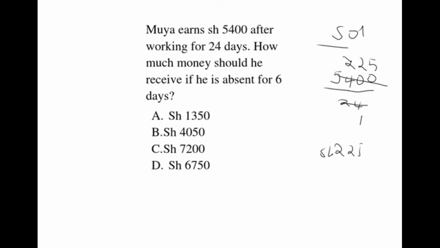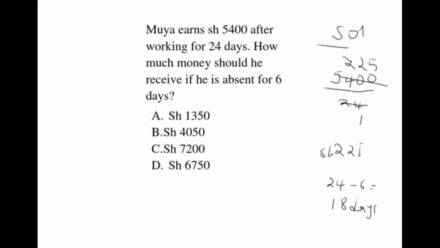Then we are told, how much money should he receive if he is absent for 6 days. Therefore, we take 24 days, we subtract 6, we get 18 days. If he is absent for 6 days, he will work for 18 days, and the payment per day is 225.